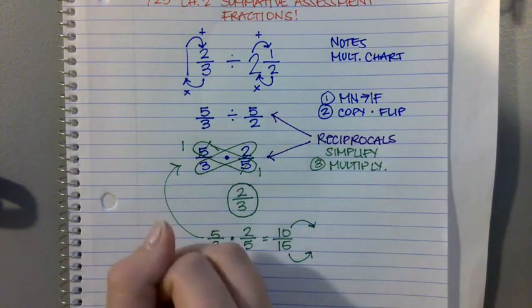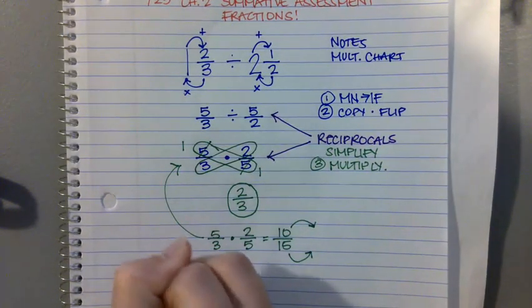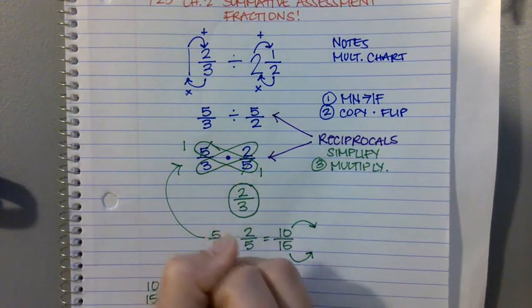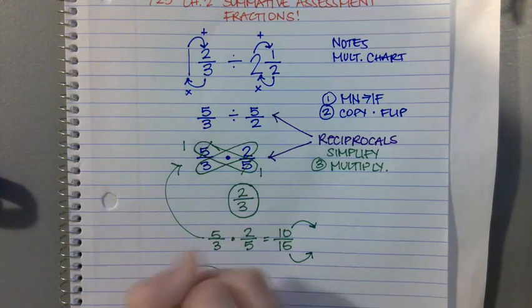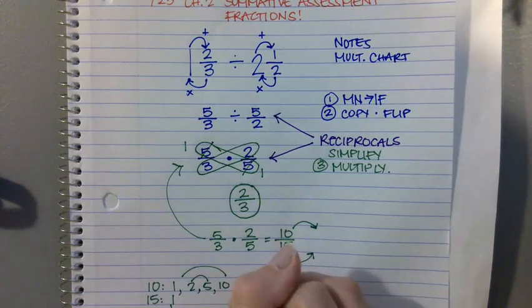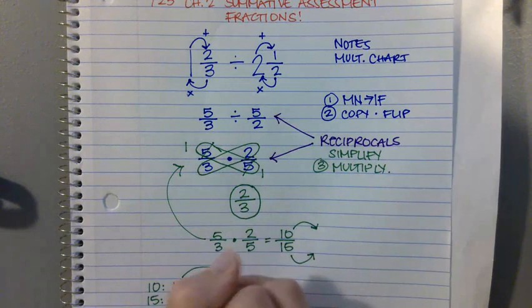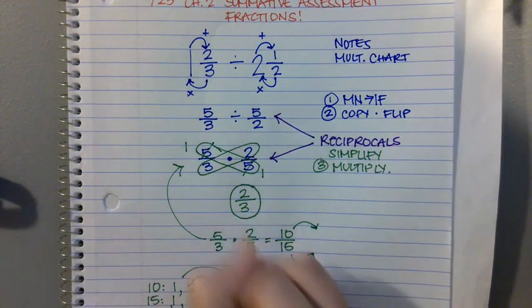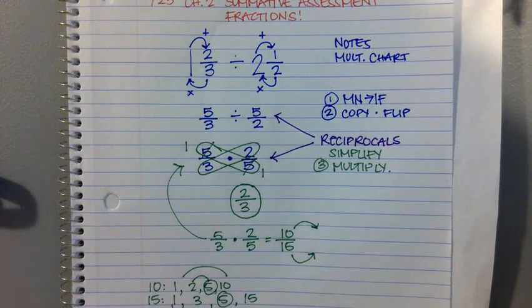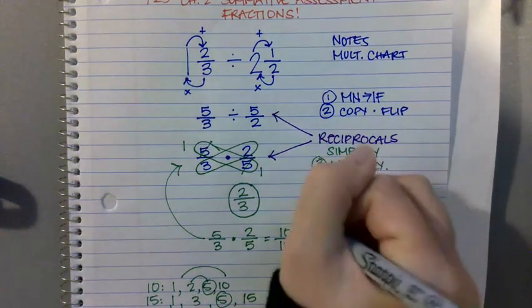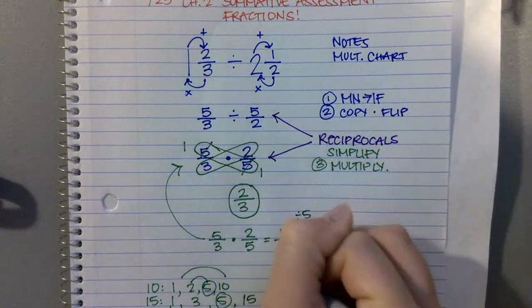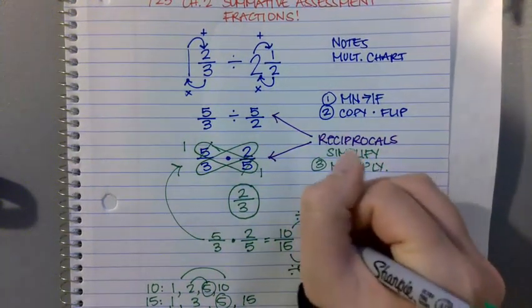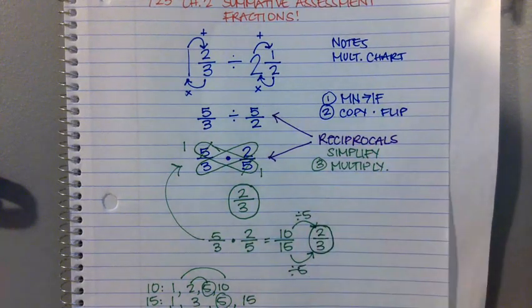I can list out the factors of 10 and 15, if I didn't know. 1 times 10, 2 times 5, 1 times 15, 3 times 5. And I can see that the greatest common factor between 10 and 15 is 5. And if I divide by 5 and divide by 5 on the top and the bottom, I will end up with 2/3. So you always need to make sure you simplify.